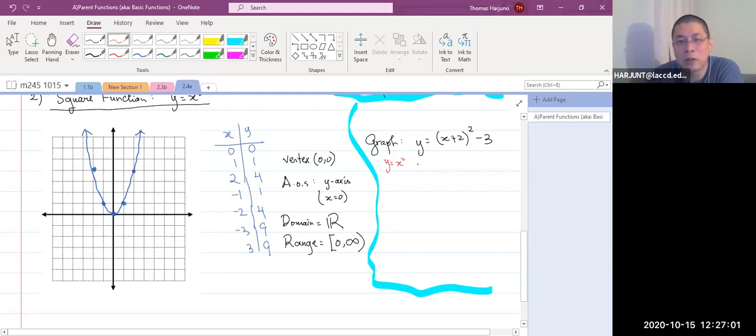When you make it y equals (x plus 2) squared, this moves 2 units left. And then from there, when you subtract 3, it will move 3 units down.